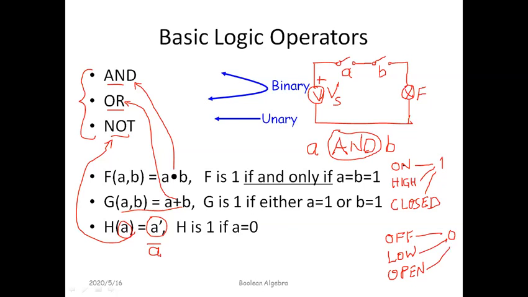So on, high, and closed is a 1, whereas off, low, and open is a 0.